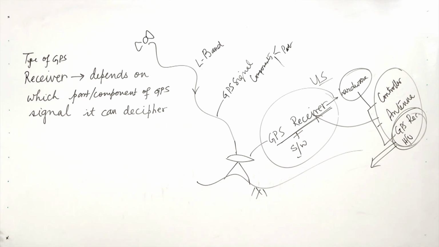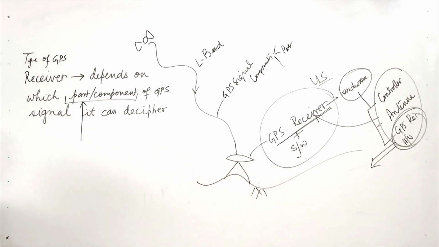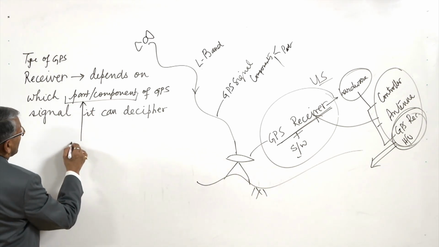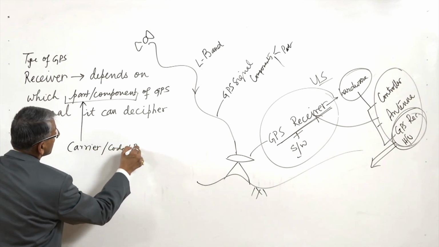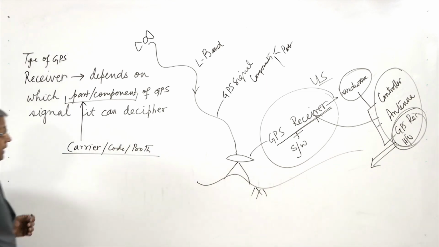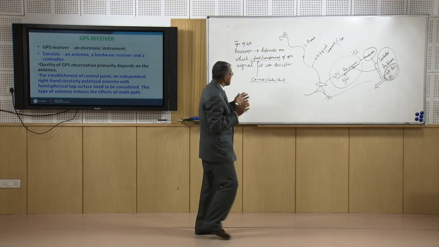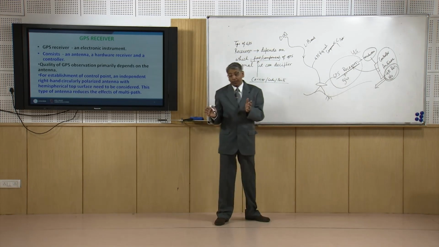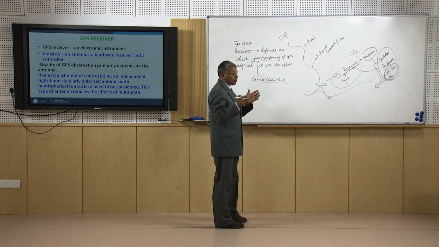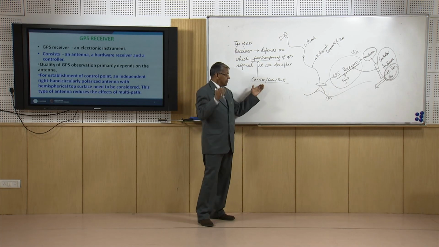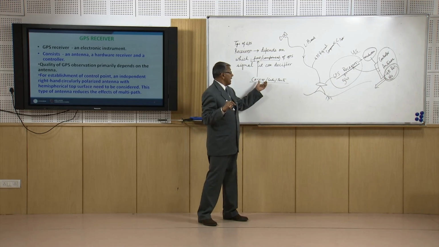By this I wanted to tell you, the part of carrier or code or both, because as I told you in the last class, the data that is available in the GPS signal is the most important part and we have to decipher that, but to get that data we need to first decipher either the code, or carrier and code both.